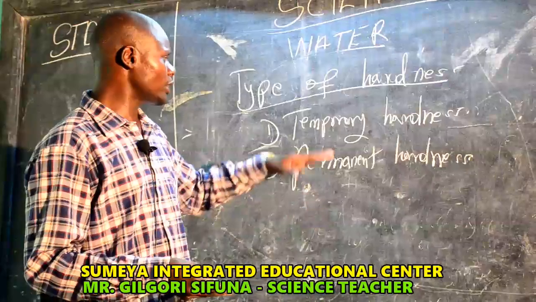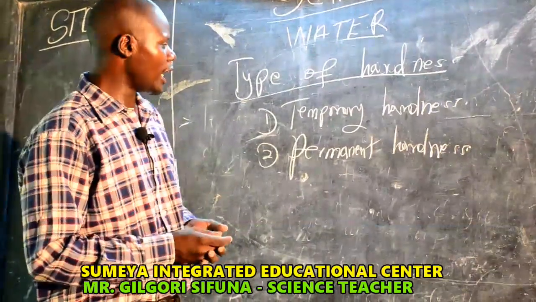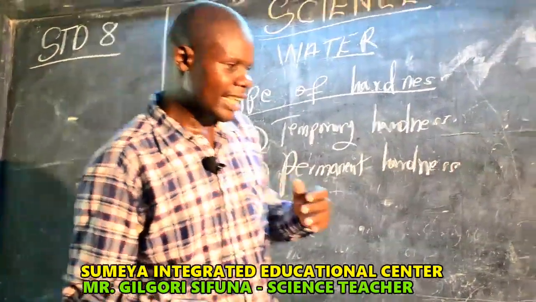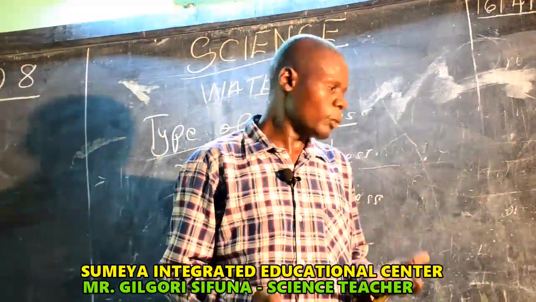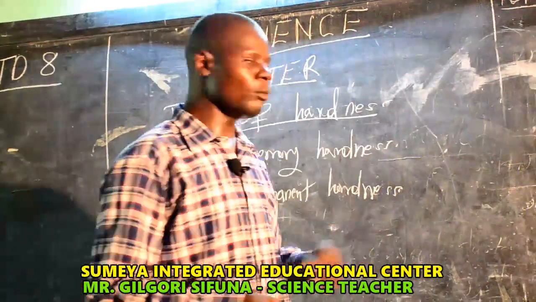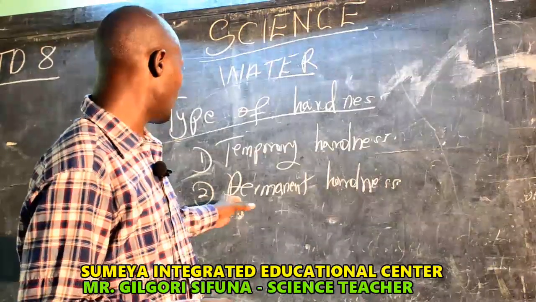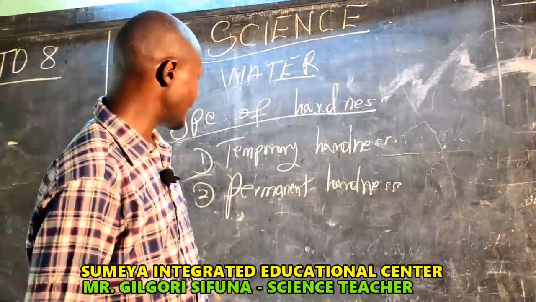When we talk about temporary hardness, we say this hardness can be removed by human beings. Now, how can we remove temporary hardness and how can we remove permanent hardness?